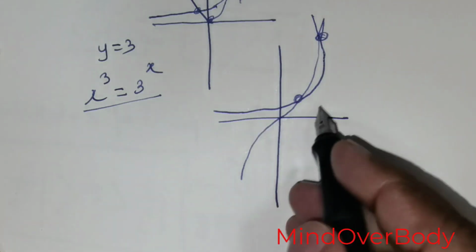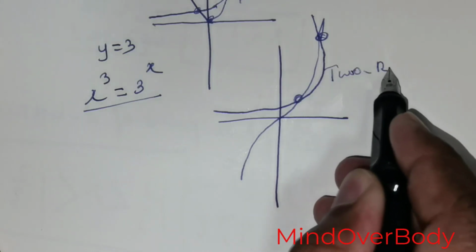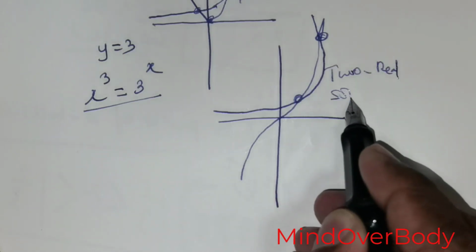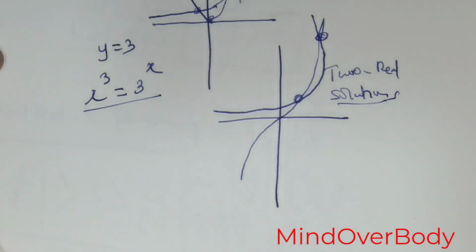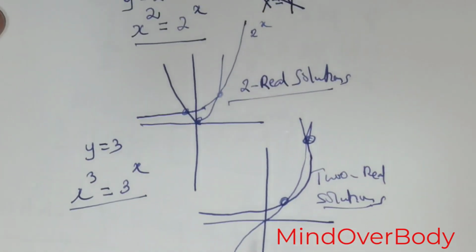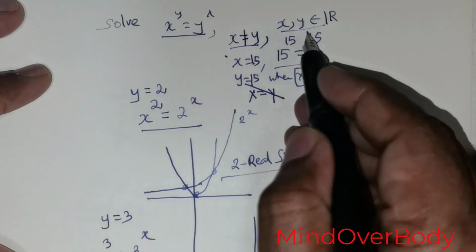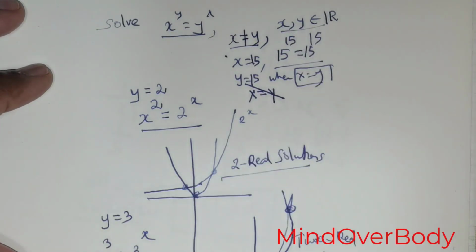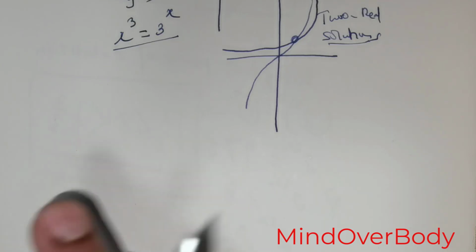So even in this case, there are 2 real intersections and 2 real solutions. Now why am I showing you all these things? I'm showing you all these things because I would want to take my x and y to be elements of R. So having mentioned this, I would want to move on.